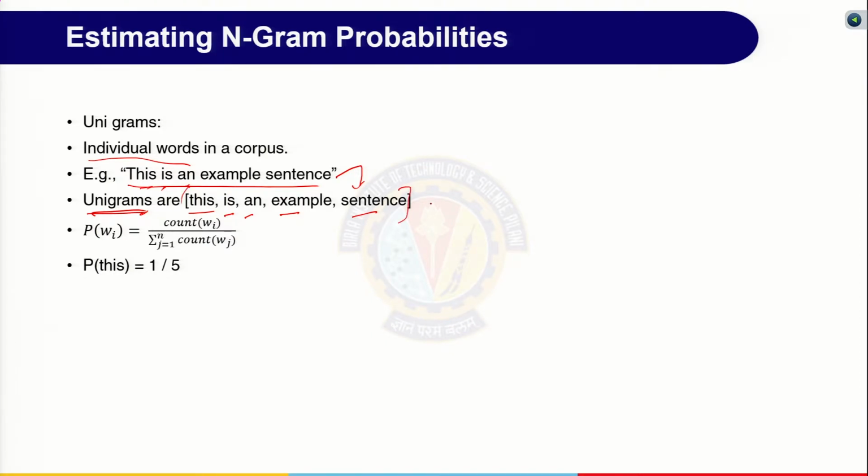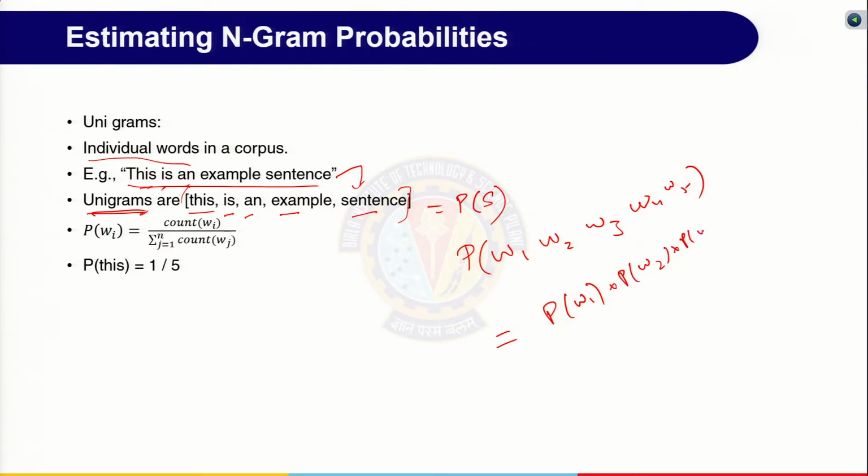When I want to calculate the probability of this sentence, I translate it into my sequence of words, and as I'm using a unigram model, I would simply calculate the probability of word 1 times the probability of word 2 times the probability of word 3 times word 4 times word 5. Because I'm relying on a unigram model, how do I calculate the individual probability of a word?